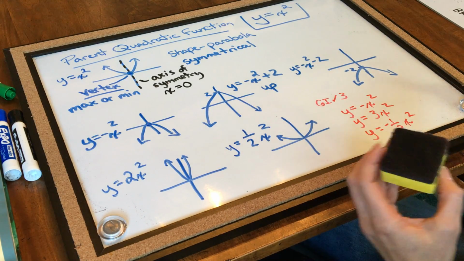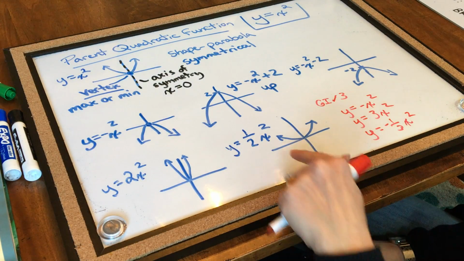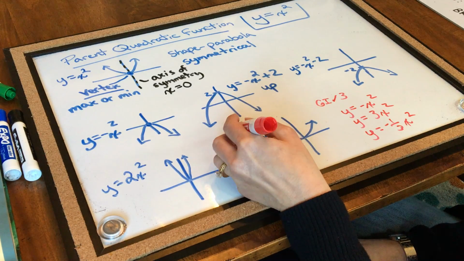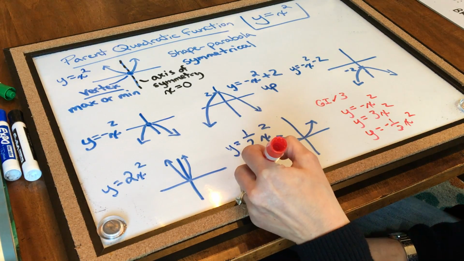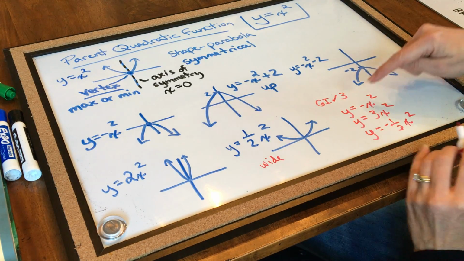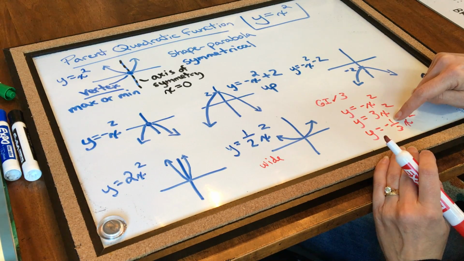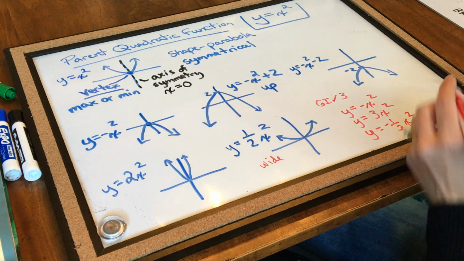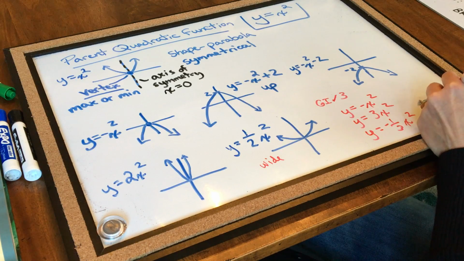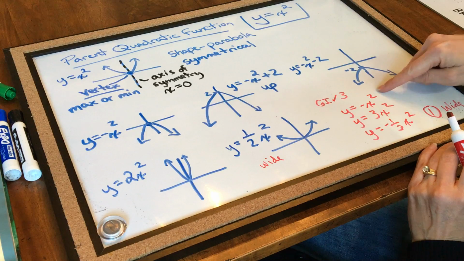All right, let's put these in order from widest to narrowest. Remember, in order to make my parabola more wide, I'm multiplying it by a fraction that is less than 1. So this one will be the wider parabola. As I take a look at these, negative 1/3 x squared is my fraction that's less than 1. So this is going to be number 1. This is going to be the widest. Next, I'm going to compare these two.